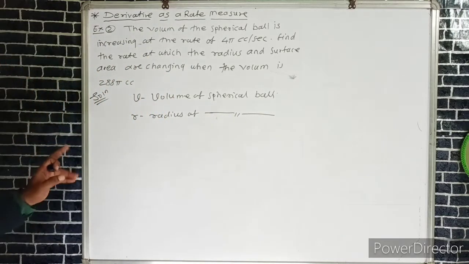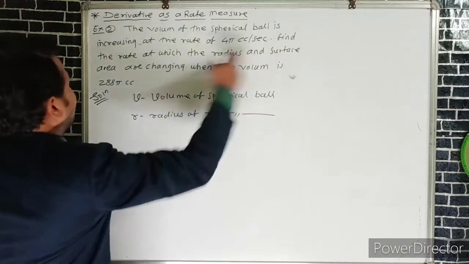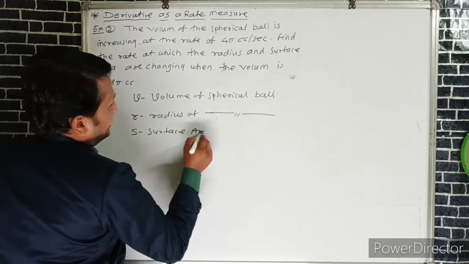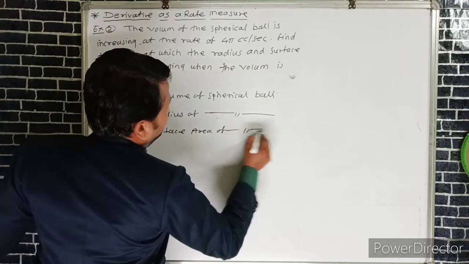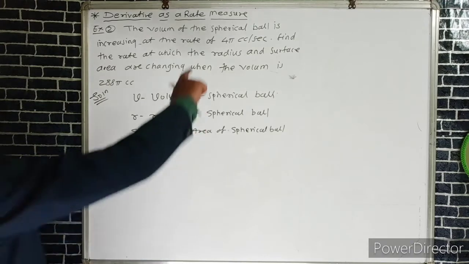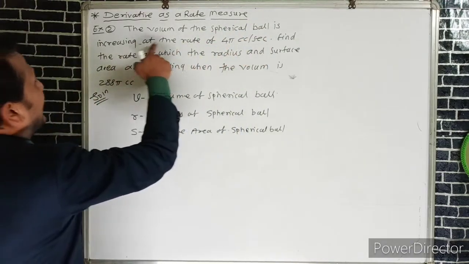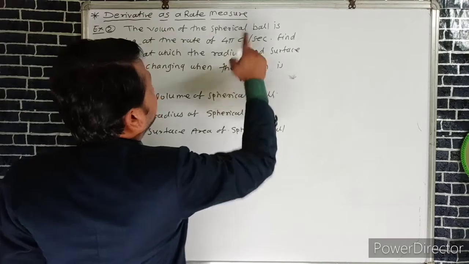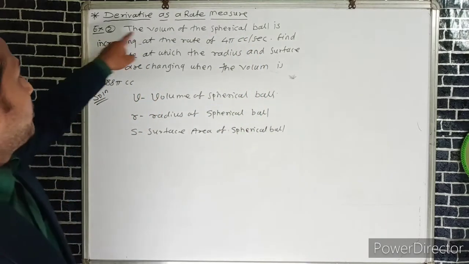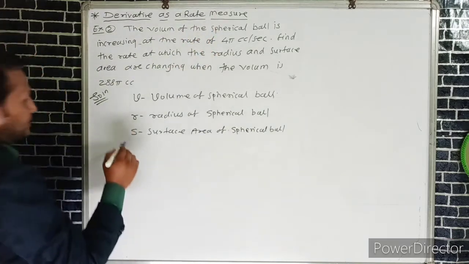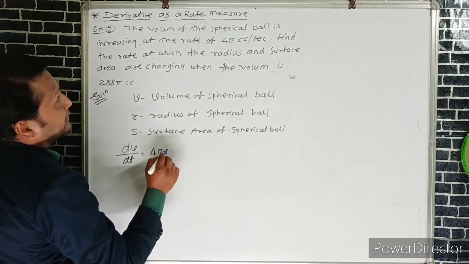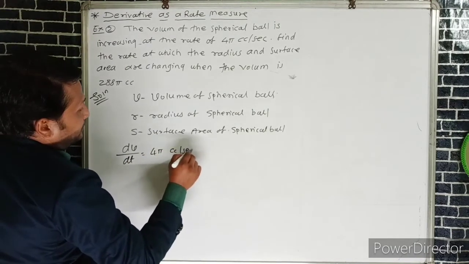And S is the surface area of the spherical ball. Now the volume of the spherical ball is increasing at the rate of 4 pi per second. It means that the rate of change of volume, dV upon dt, is equal to 4 pi cc per second.